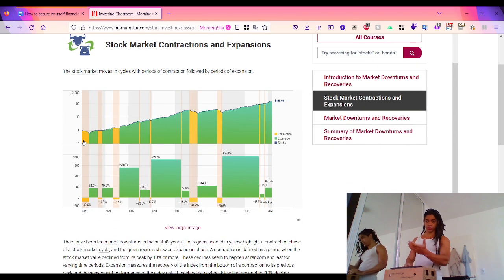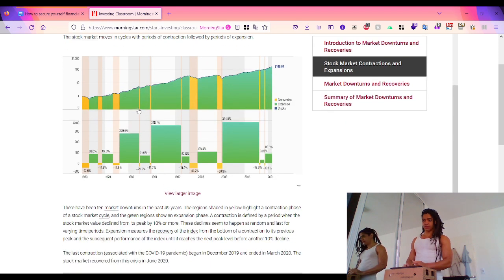For example, this contraction phase, or cycle, is where the market stock price declines by 10% or more.